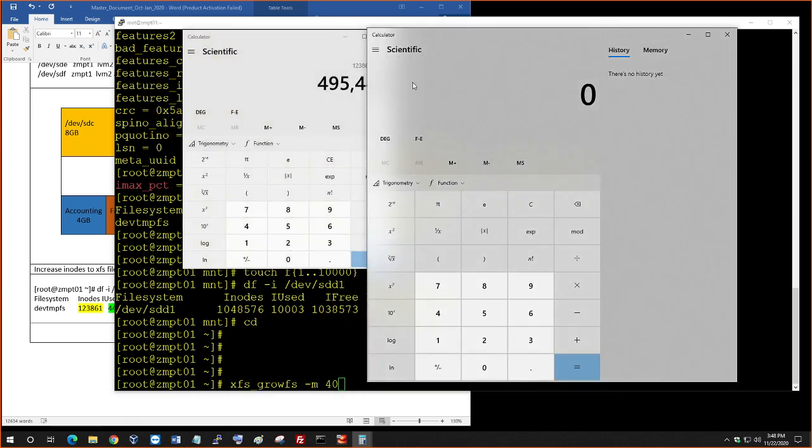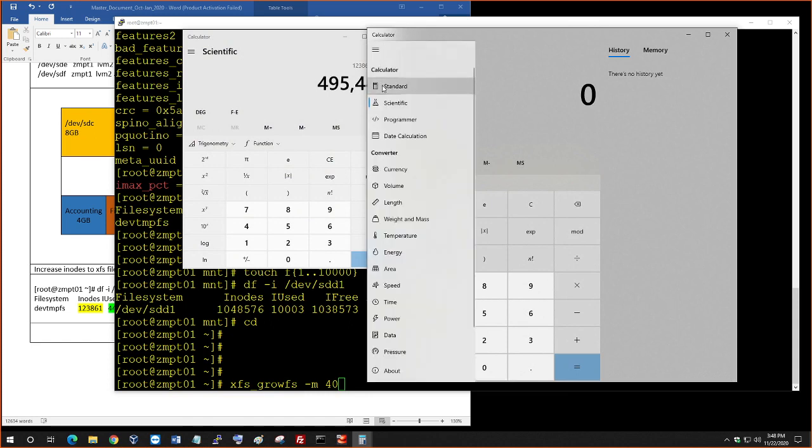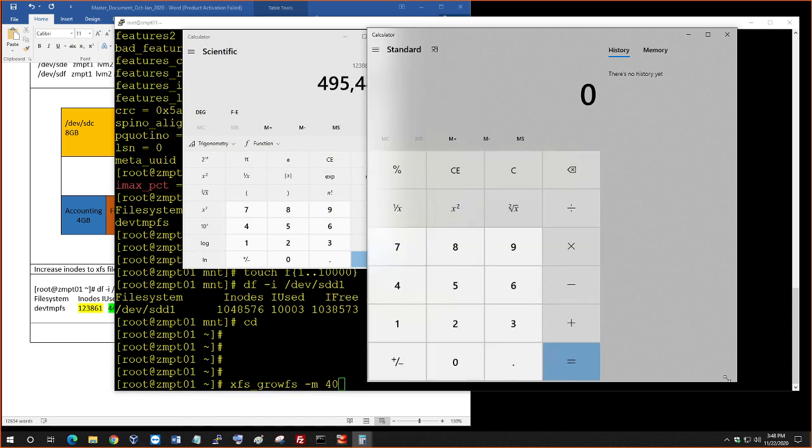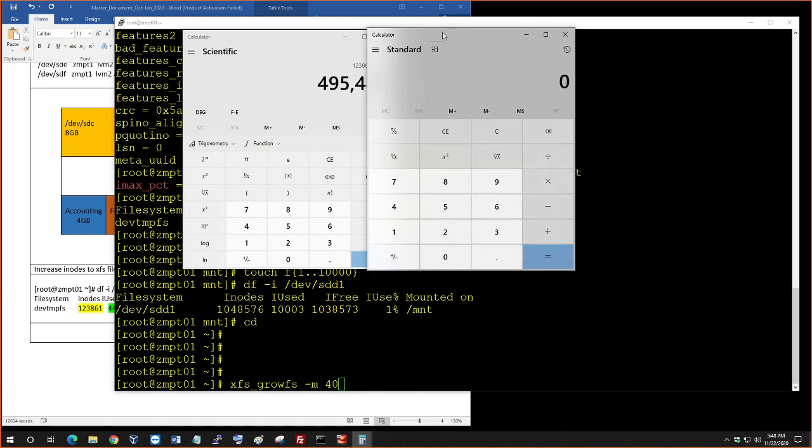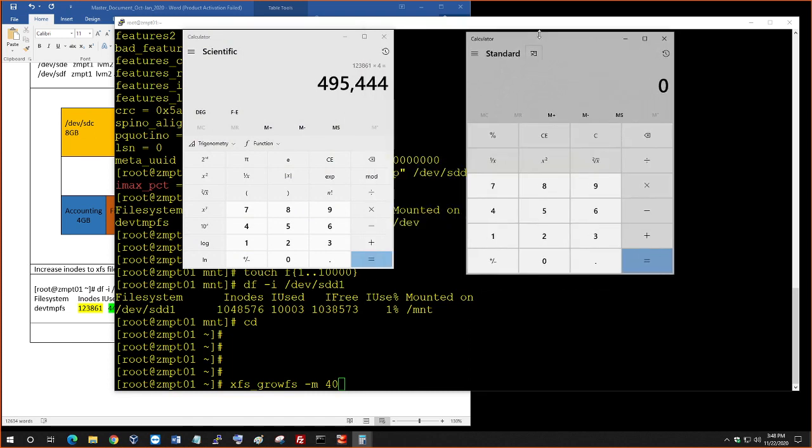I don't like scientific, standard is better. So I'm going to say 49544 times 0.3. Okay, so the inodes should increase to 48,000. Or did I do 3, right?